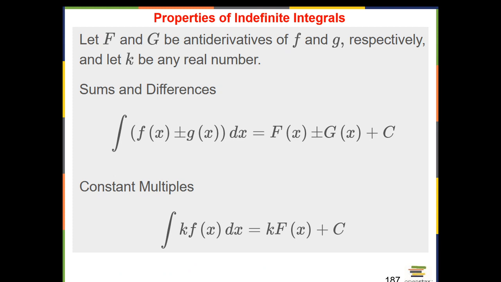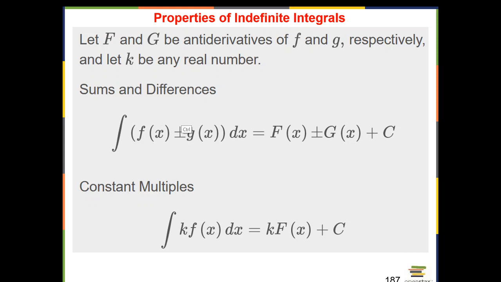Now let capital F and capital G be antiderivatives of f and g, and let k be any real number. So now it's similar to the laws of limits when we talked about limits, right? So the indefinite integral of a sum is basically the sum of antiderivatives, right?